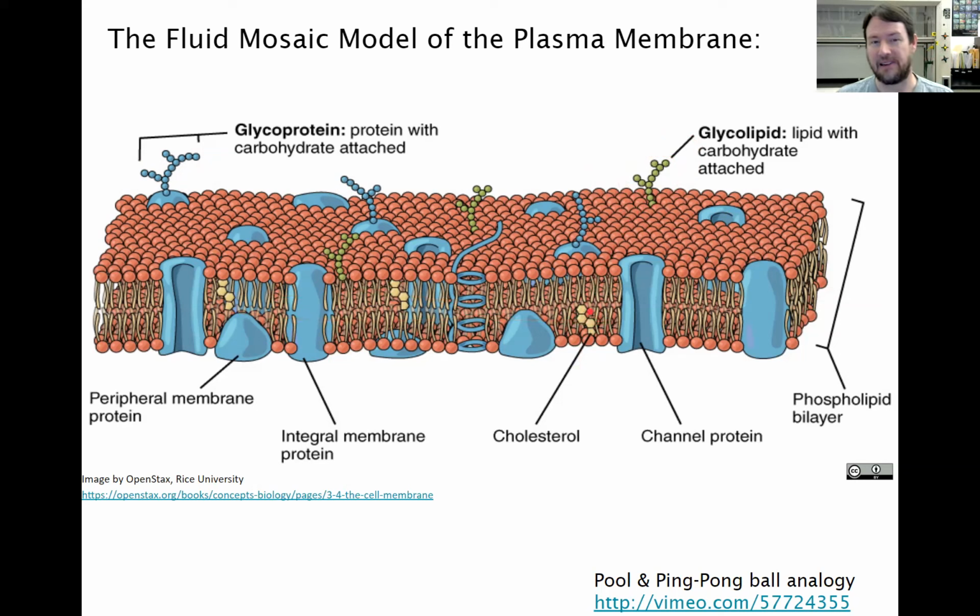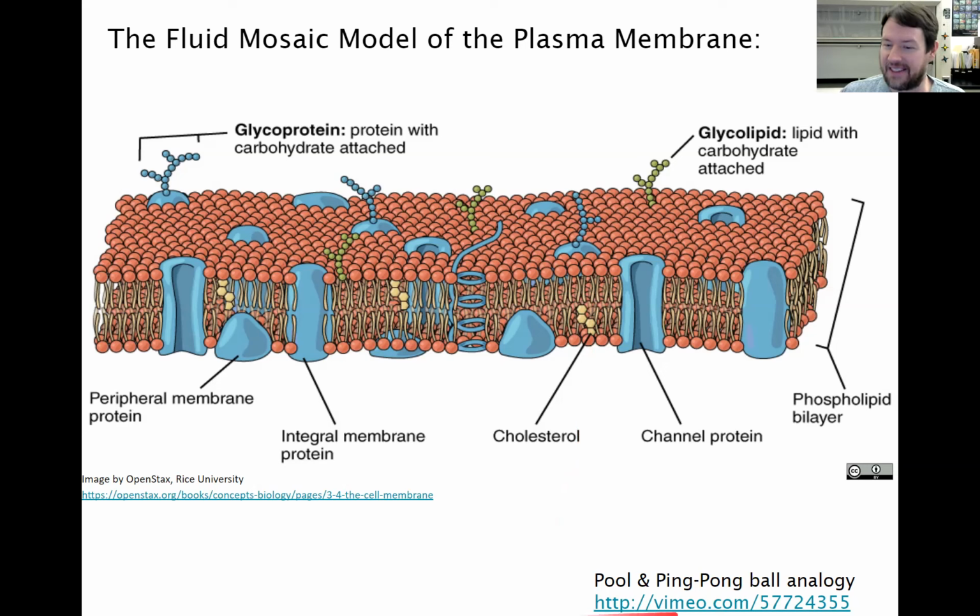Actually, cholesterol is good for you, or having the right amounts of the right types of cholesterol is good for you. And it helps stabilize the hydrophobic part of the plasma membrane. So the cholesterol molecules are totally hydrophobic, and so they'll hang out in between and help give structure to these phospholipids and proteins.